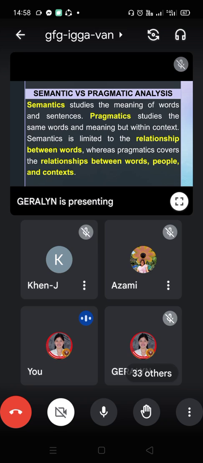Because language is understood correctly depending on the context, which refers to the culture and environment of the person who is speaking or using the language.